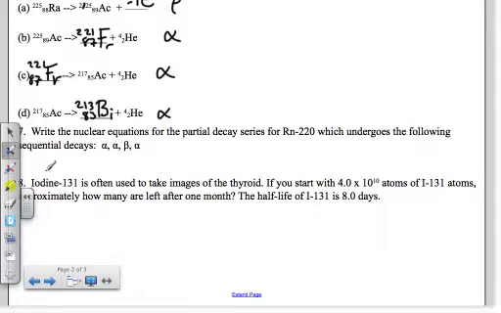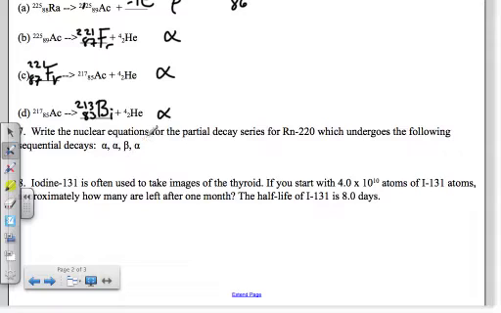All right. In number 7, we are going to start with radon 220. And radon has an atomic number of 86. And we're going to do 4 reactions: alpha, alpha, beta, alpha.